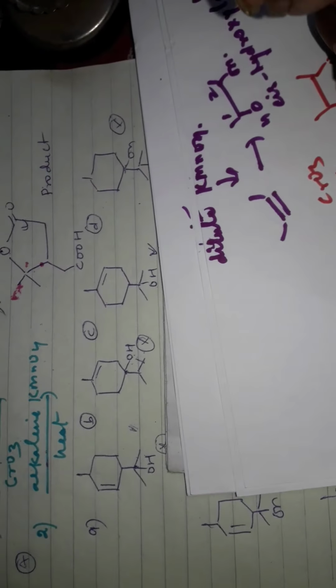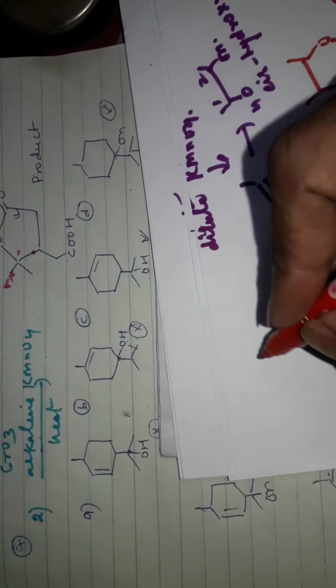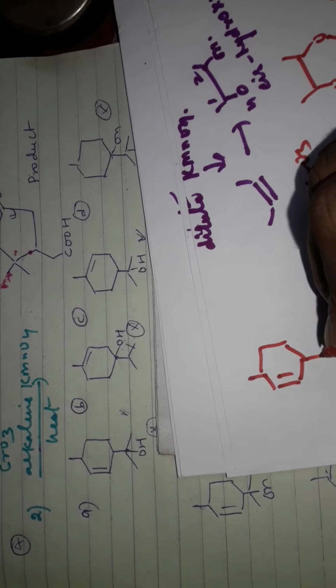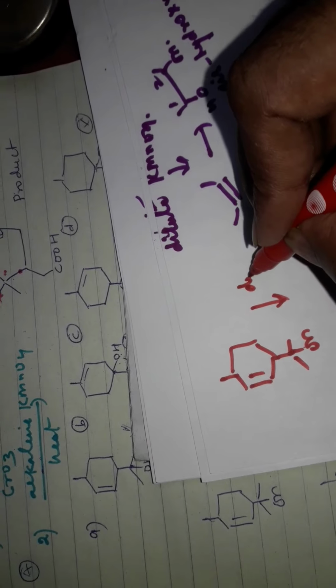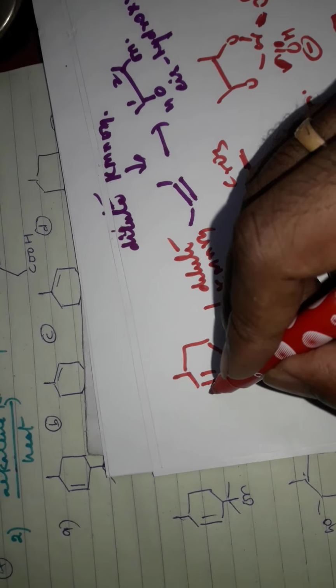So first of all, you select the first alkene. If you add dilute KMnO4, cis hydroxylation takes place, and after CrO3 attack, it will break down here.